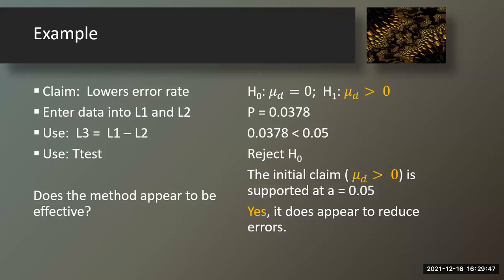So 0.0378 is less than the 0.05. We will reject the null hypothesis. So the initial claim is supported at the alpha equals 0.05 level. So yes, it does appear to reduce error, and the instructor will probably use it again next semester.